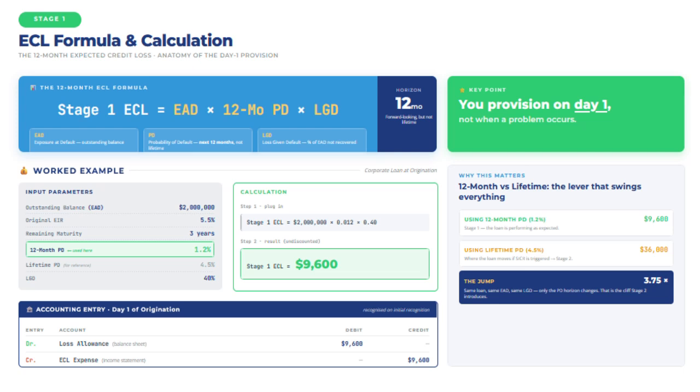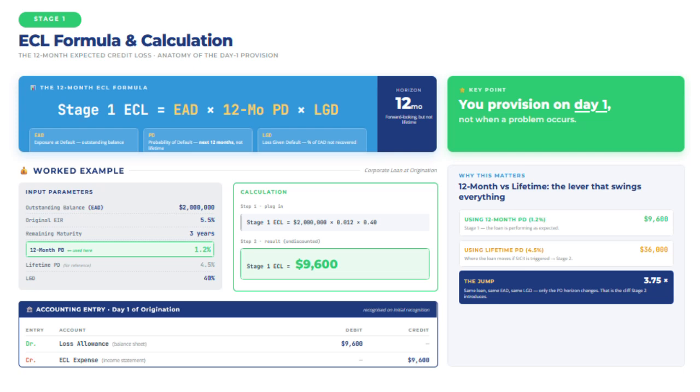So if you look at the calculations, the stage 1 ECL equals 2 million times 0.012 times 0.60, and that equals 14,400. Right? If you are looking carefully at the calculations. Now, but wait, the slide shows 9,600.